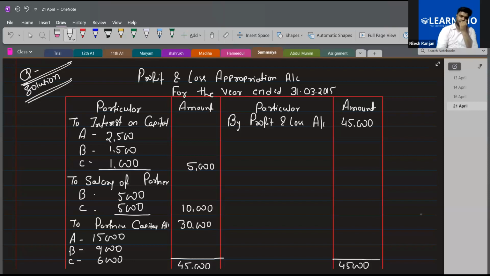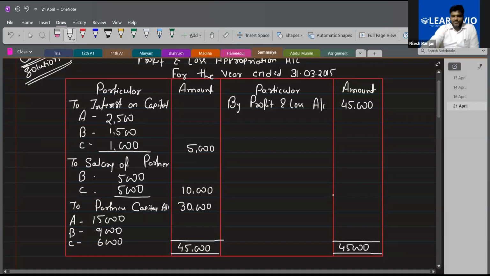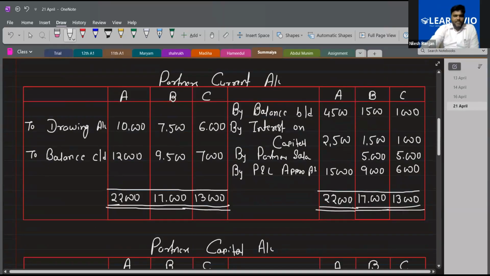About 20, I think. More than that. That's very good. So do you have any doubt in this chapter? Any topic?